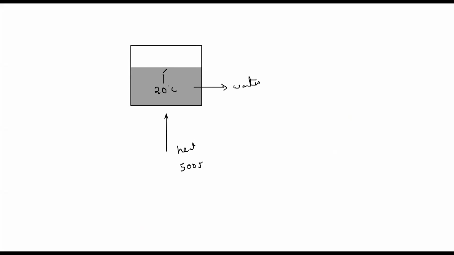And you observe the water temperature changes from 20 to 21 degrees centigrade. Is this a latent heat? So it's not a latent heat. Why is it not a latent heat? Because there's no change in state.